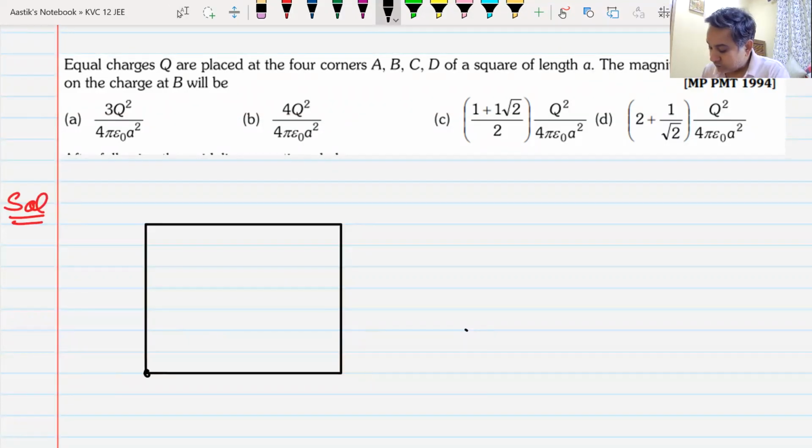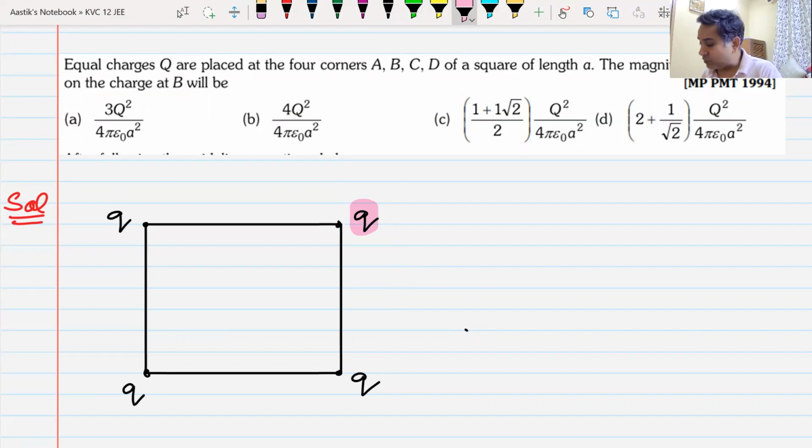So this is Q, this is Q, this is Q, and this is Q. You just need to find the force on any one of the charges. Let me find the force on this charge. You can do it on your own, yes or no?